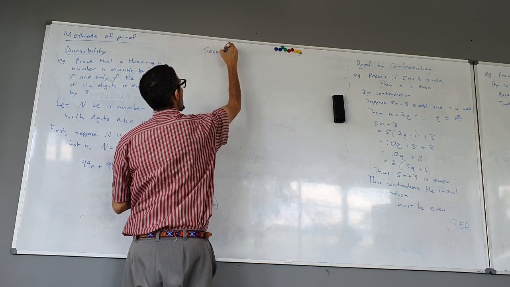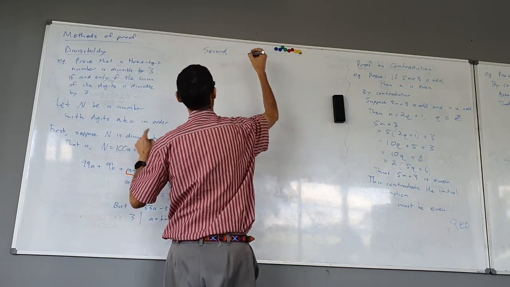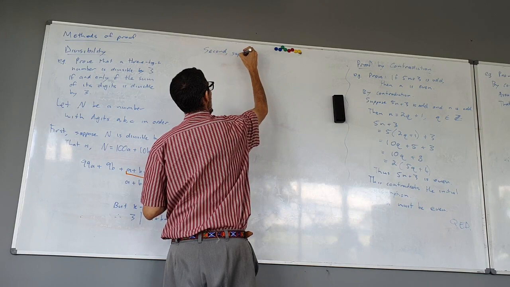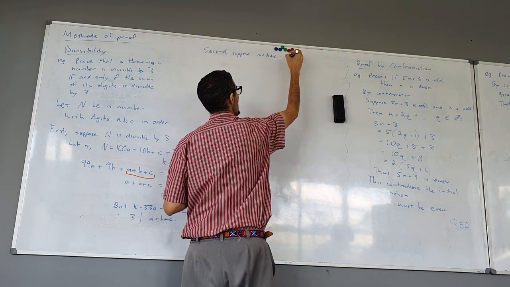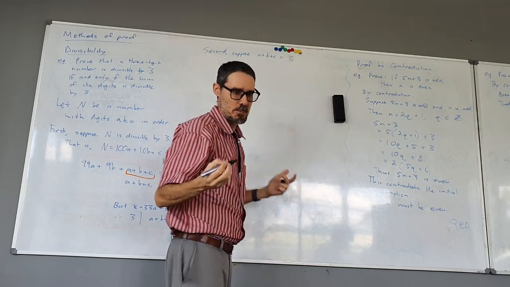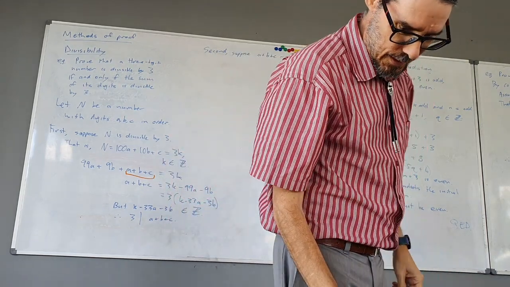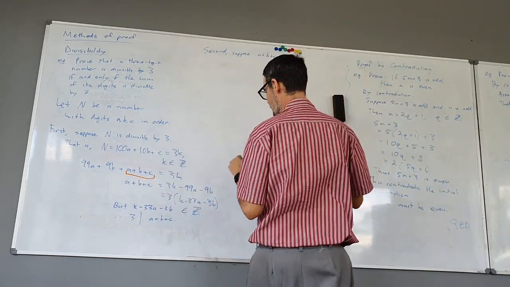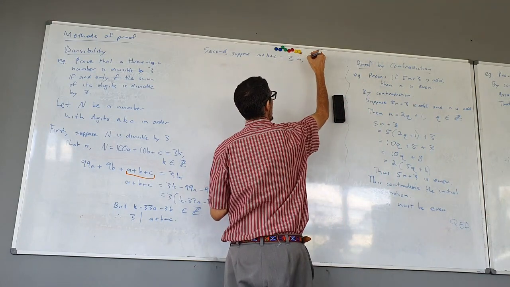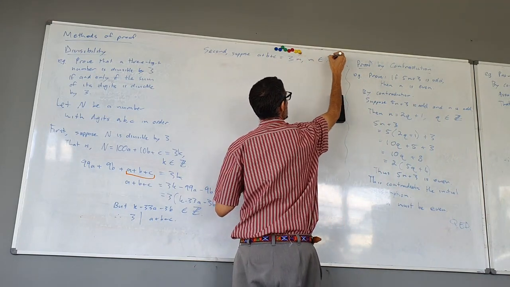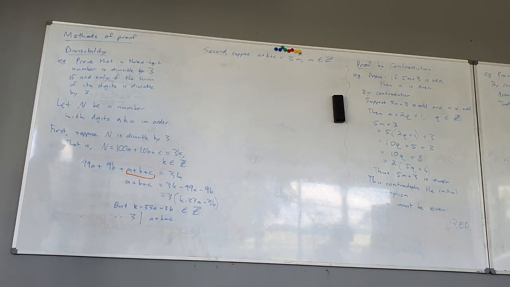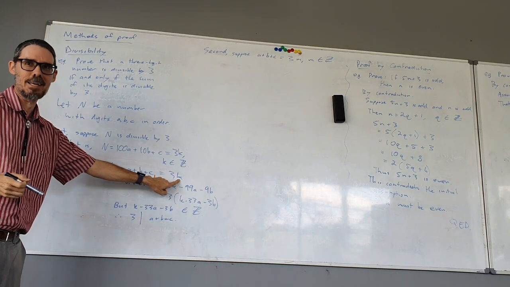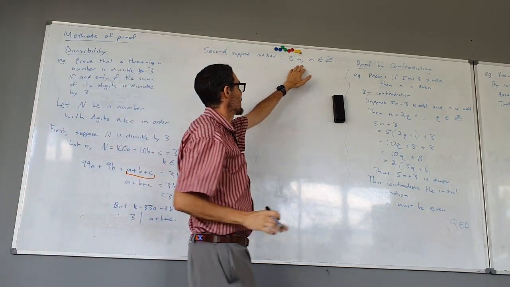Second, let's now suppose a plus b plus c equals 3 times something. Let's use a different letter so you don't get confused: 3m, where m is some integer. It might not be the same as this k.